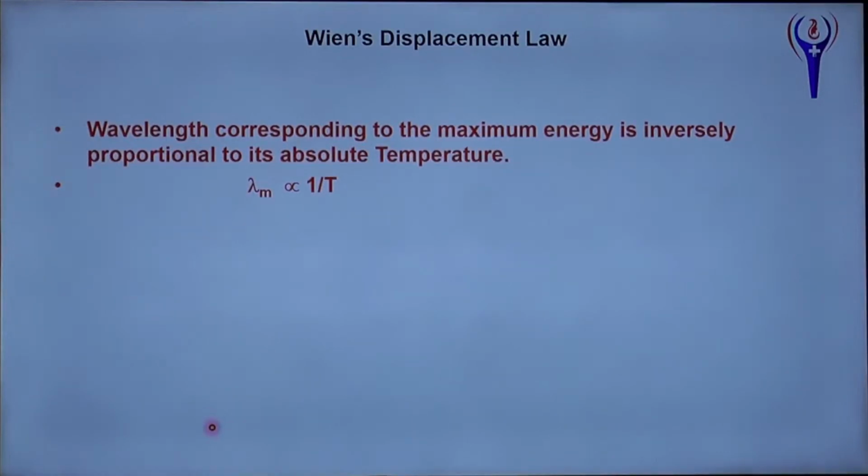Lambda m is inversely proportional to T, or lambda m is proportional to 1 by T. Then lambda m into T equal to B. B is a constant called Wien's constant, with value 2.89 into 10 power minus 3 m Kelvin.